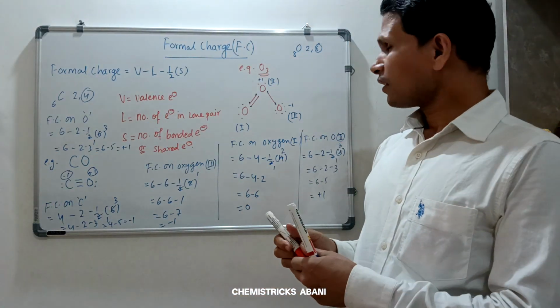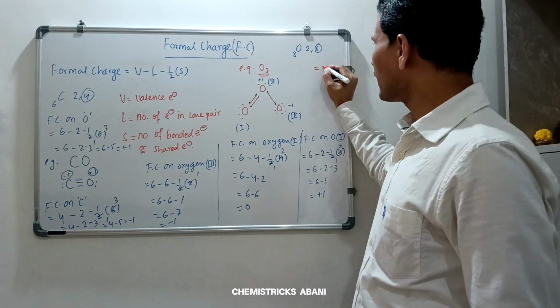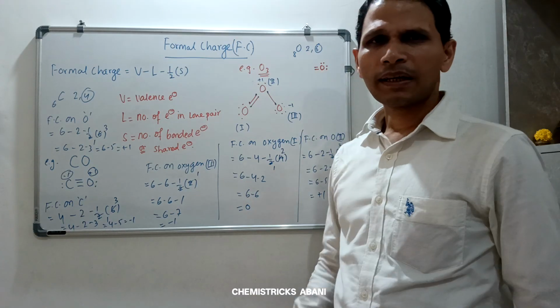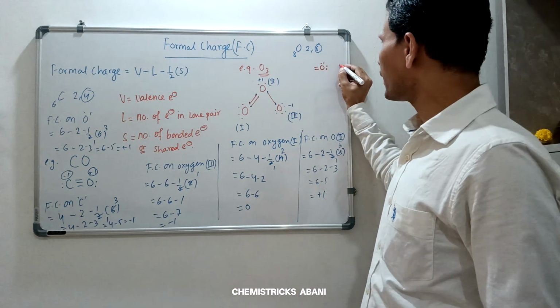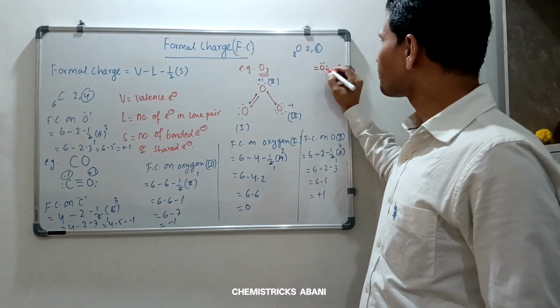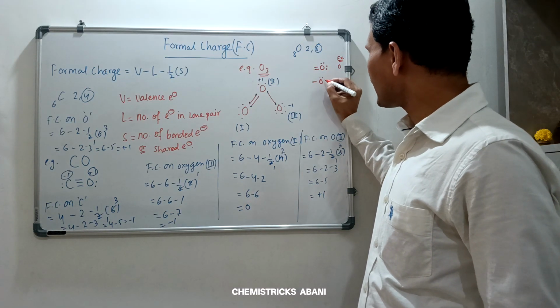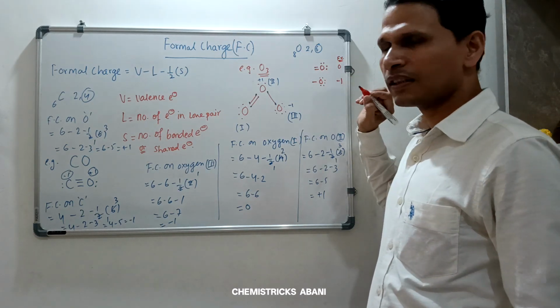There is an important point to note. In case of oxygen, if there is a double bond and 2 electron pairs like this, then the formal charge is always 0. Remember. If there is a single bond and there are 3 electron pairs, then the formal charge is always minus 1.